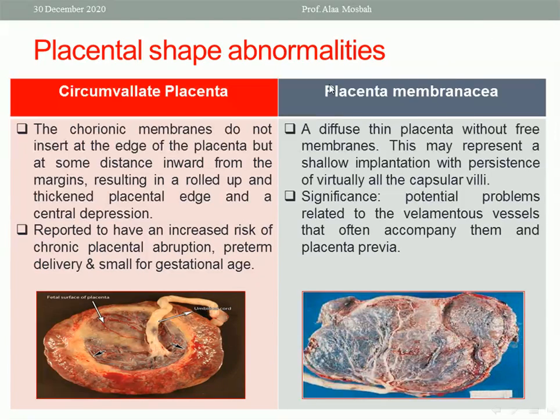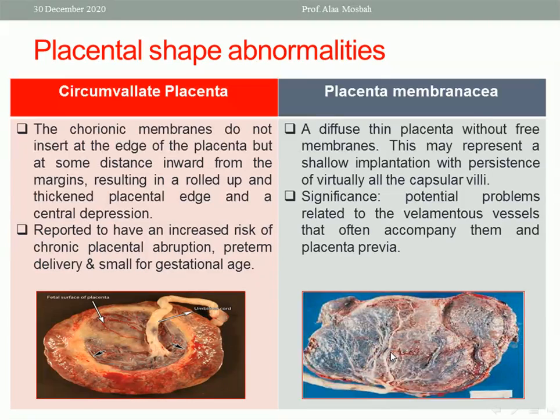Another placental shape abnormality is what's called placenta membranacea, as in this picture. Here implantation occurs over a wide area, and the chorionic villi at the decidua capsularis fail to atrophy. So the placenta will be large in size and thin, covering a large area inside the uterine cavity.